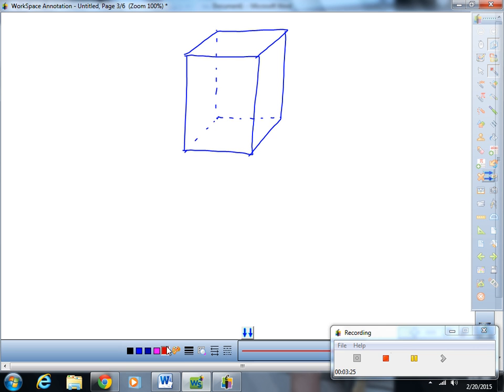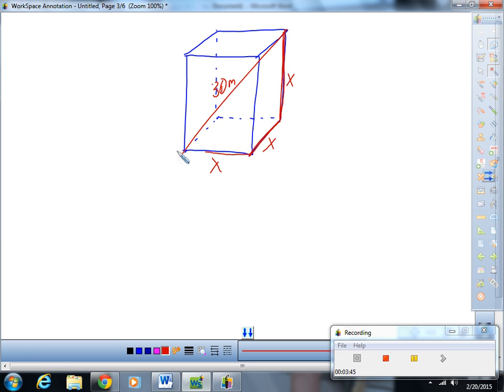The only thing we have given is that this thing right there is 30 meters. Well, let's call that x. That makes this x and that x, because it's a cube.